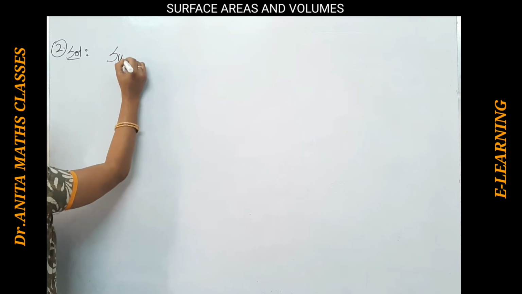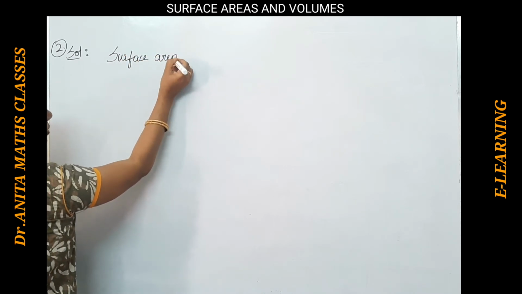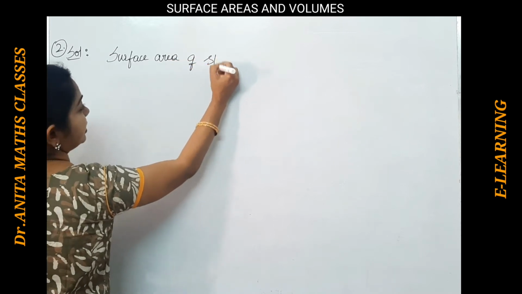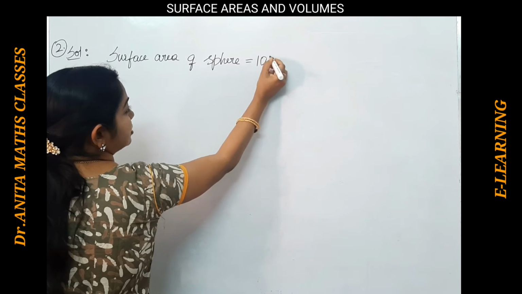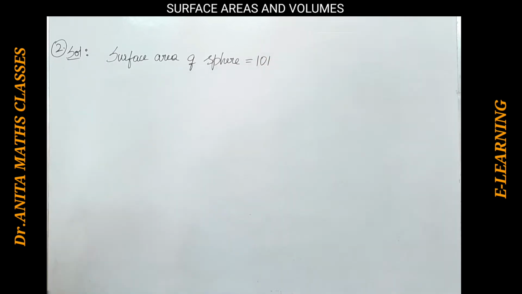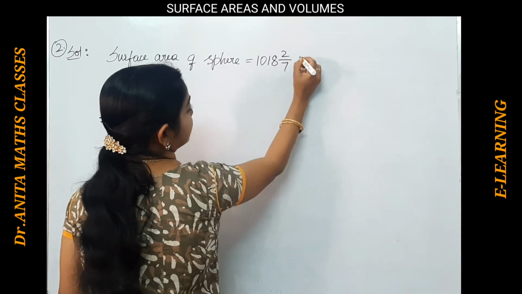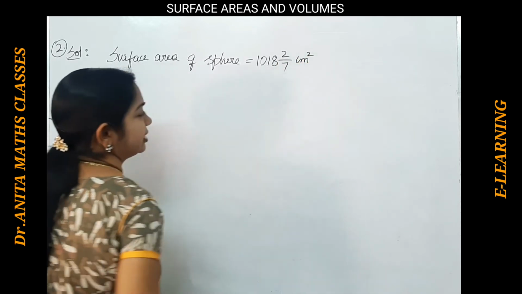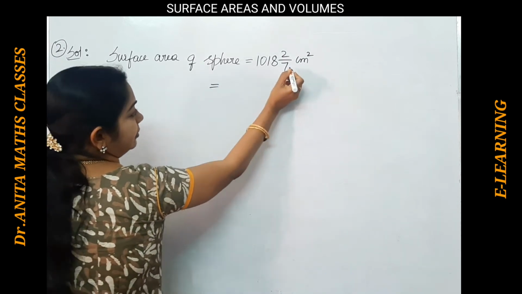Here given is the surface area of sphere given as 10182 upon 7 centimeters square. Right, we will change it into the improper fraction.